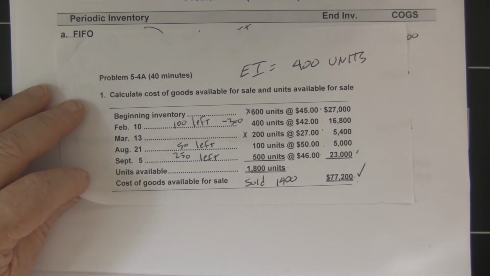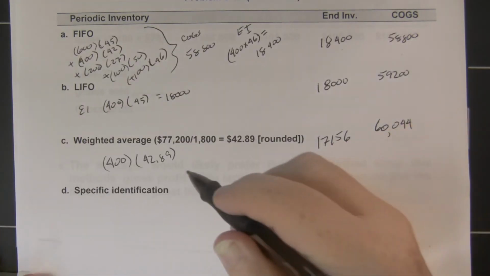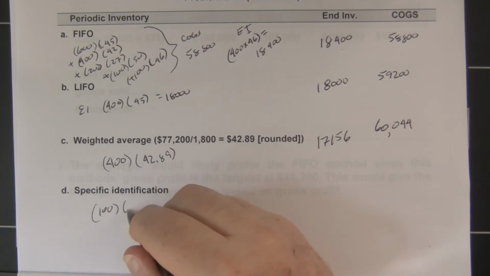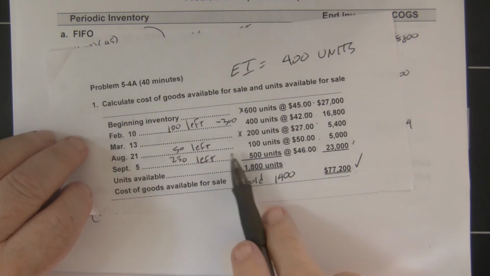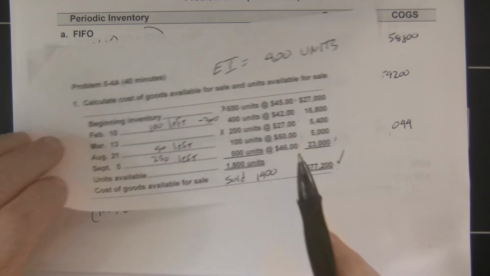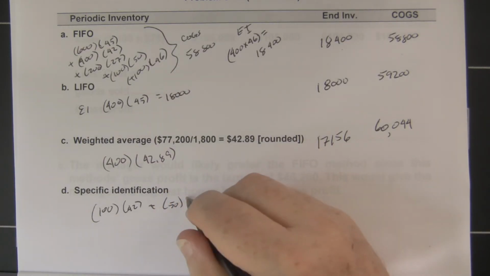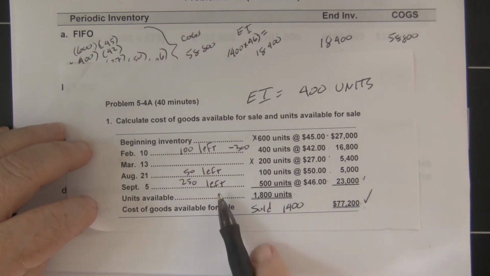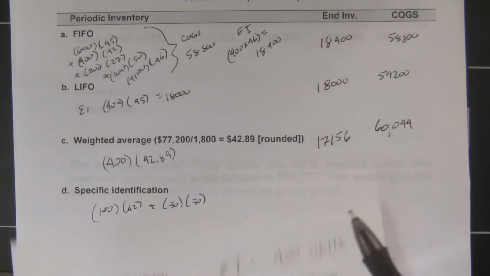So, altogether, our ending inventory is 100 at $42 per. We have 50 at 50. And we have 250 at 46.